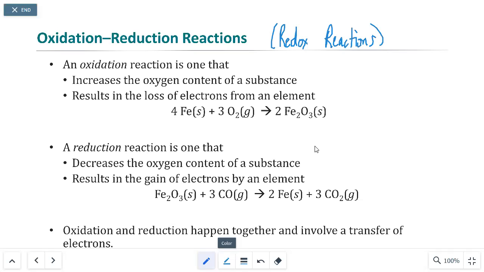Their individual charges get more positive. Reduction, on the other hand, we see one of 2 things occur. We either see a loss of oxygen. Again, that's not always tried and true, but it can be something we look for. Or, more commonly, we look for gains of electrons. We see charges getting more negative.